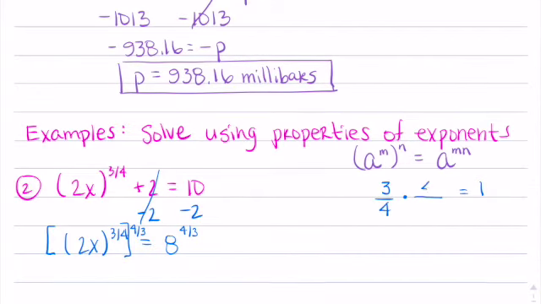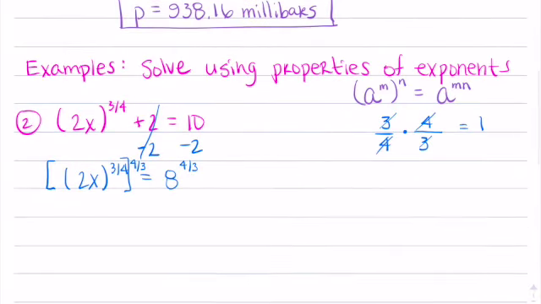So if I multiply this by 4/3, my 3's cancel and my 4's cancel, and I'm left with just a 1. So that's how we're going to negate or take the opposite of an exponent. So again, just like the root and the power canceled each other out this last time in the lesson, our exponent and reciprocal exponent are going to cancel.